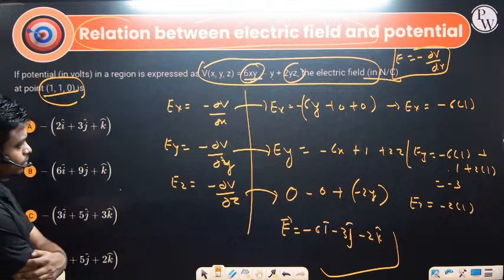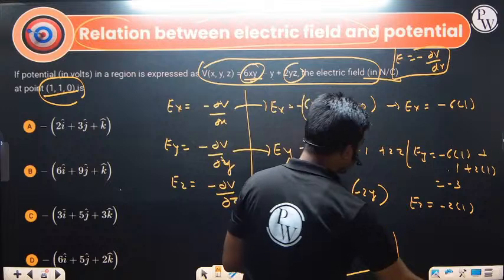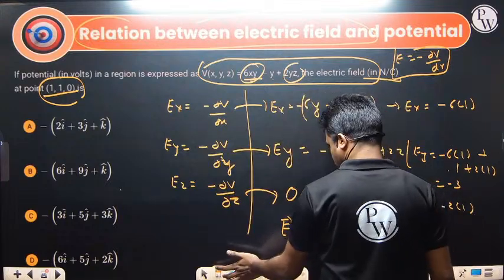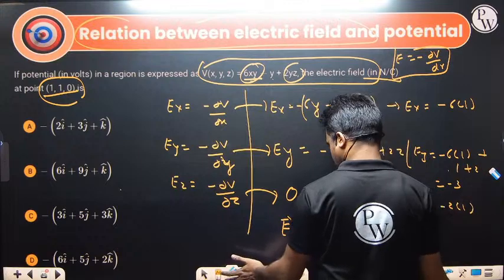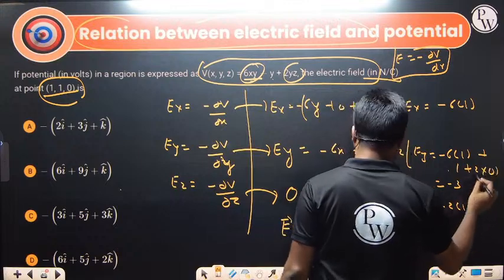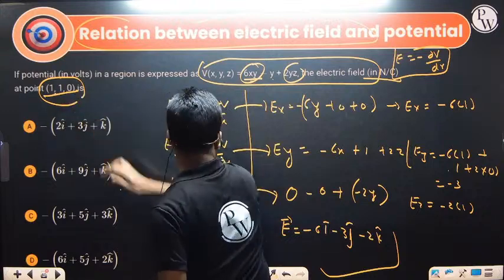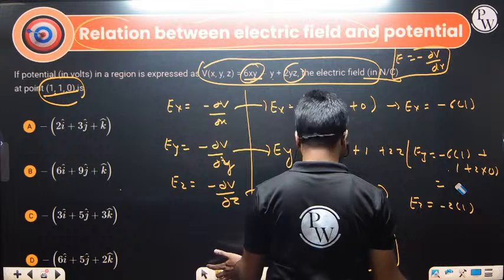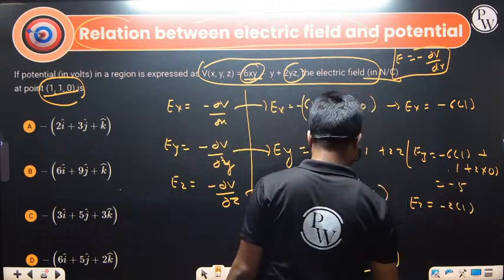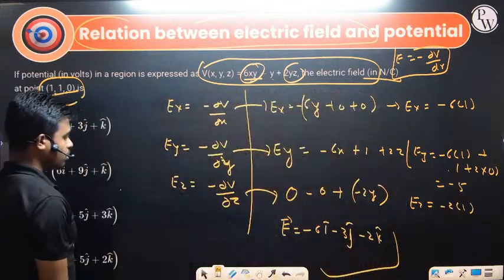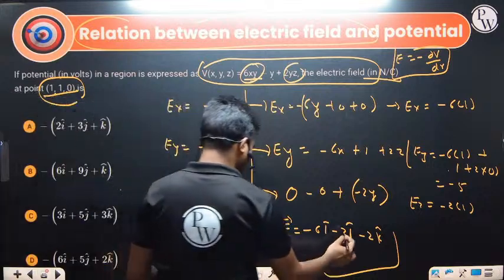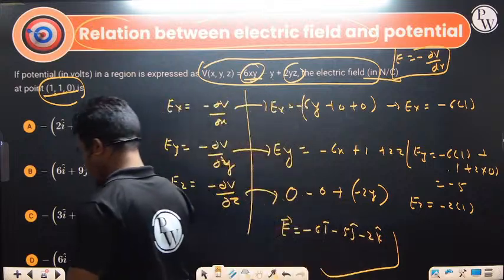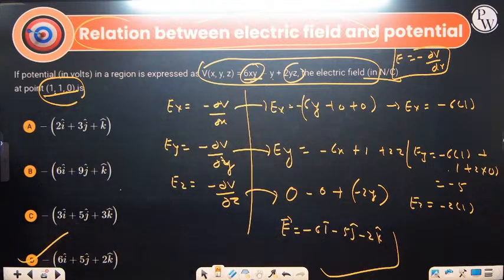Let's check again. The z value is 0, since the point is 1, 1, 0, so that term is 0. So this is minus 6 plus 1, which is minus 5. So we have minus 6, minus 5 and minus 2. The answer is option D. Clear?